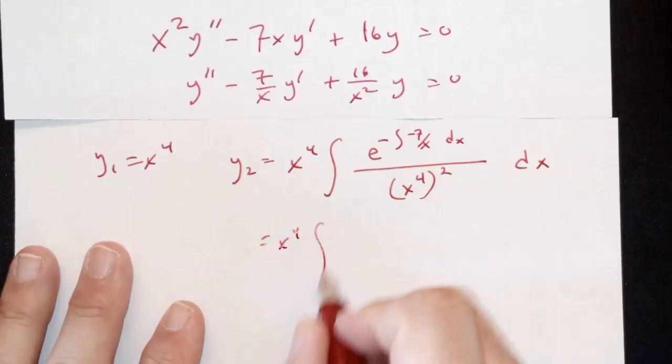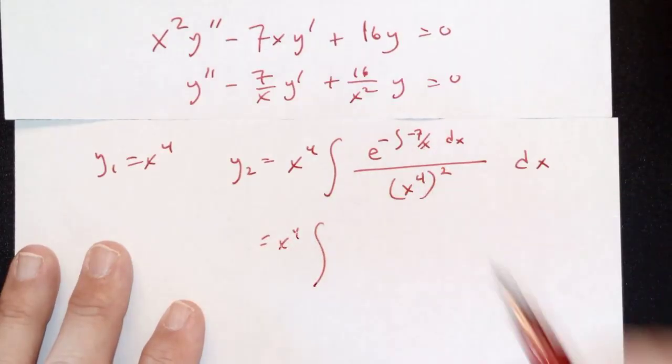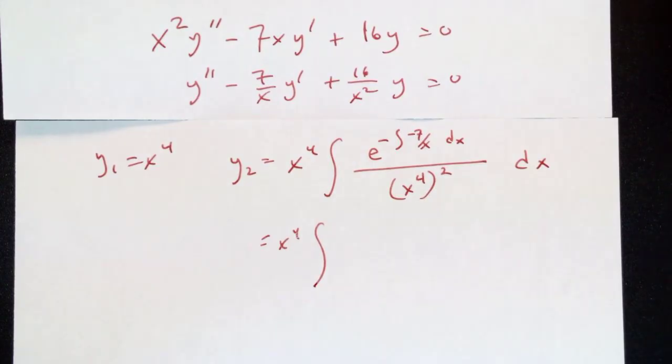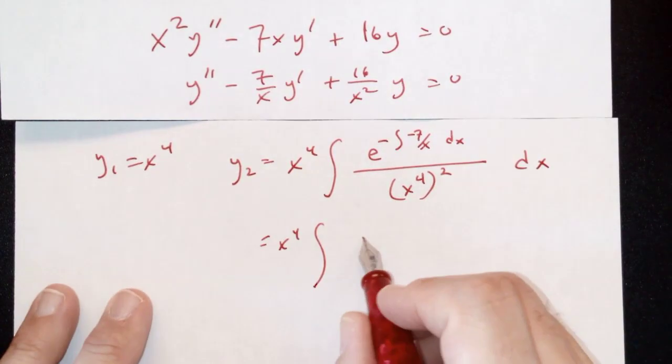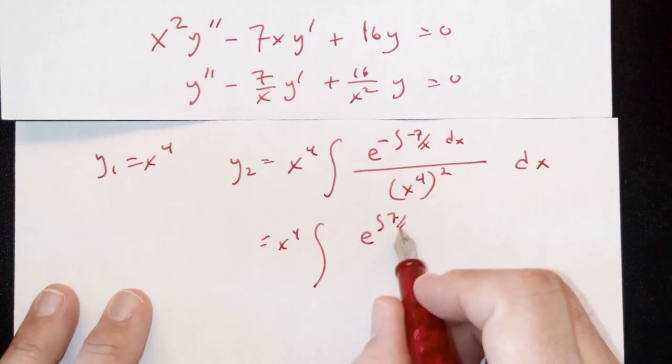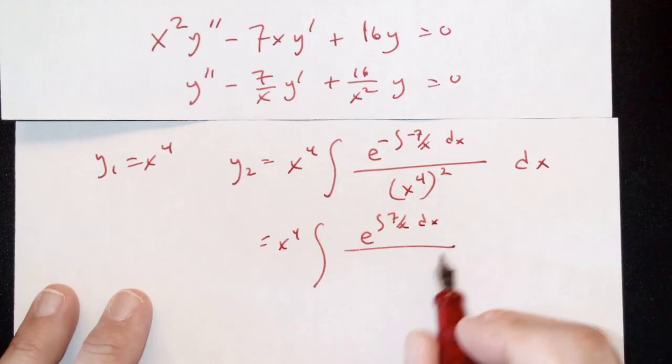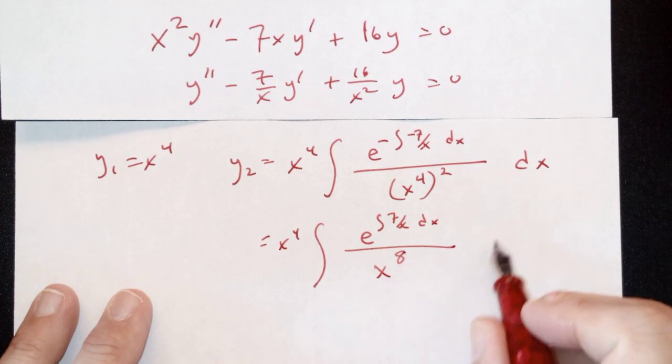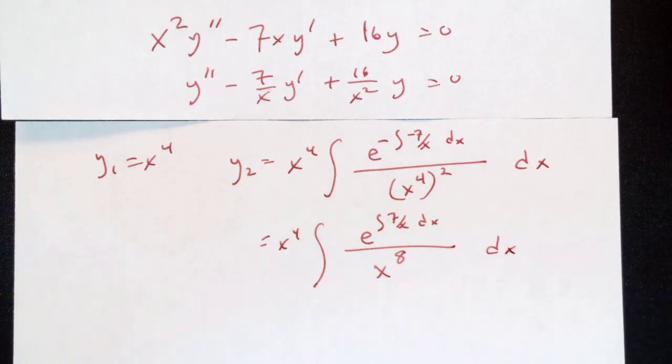X to the fourth. What is the integral of negative 7? Wait a minute, there's a negative inside and a negative outside, right? They cancel. E to the integral 7 over x dx over x to the 8th dx. What's the integral of 7 over x?